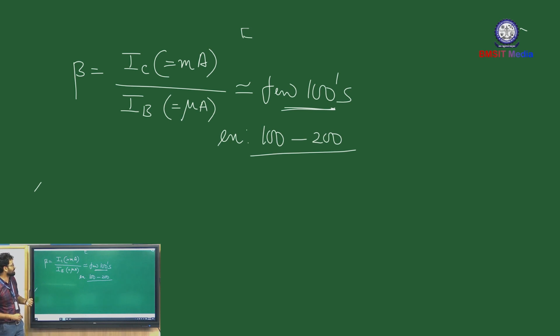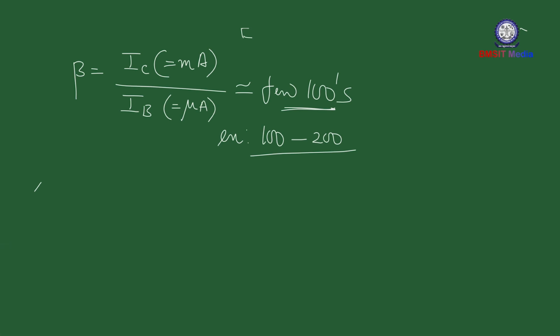microamperes. On the other hand, if you look at the collector layer as well as emitter layer, they are made up of N type of material, and you have good amount of doping present in collector and emitter layer, and that's why the conductivity is pretty good compared to base layer, and that's why you get appreciable amount of current flow, and that's why collector current and emitter current are comparatively very high in comparison with the base current.